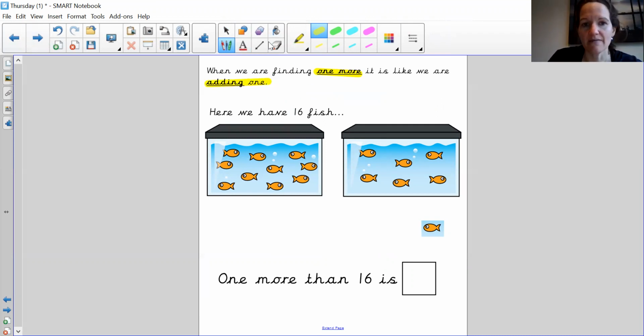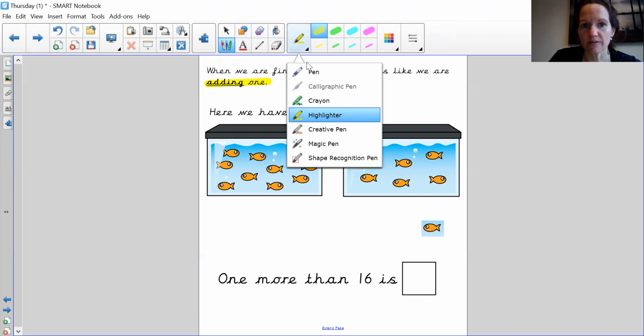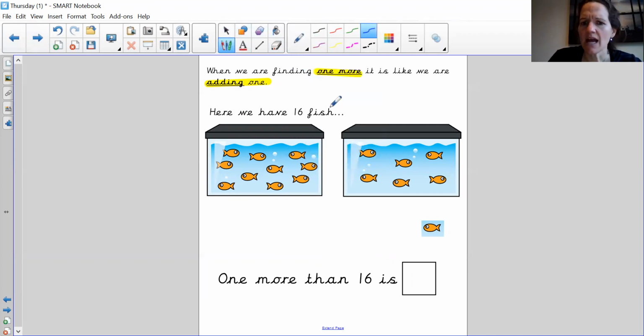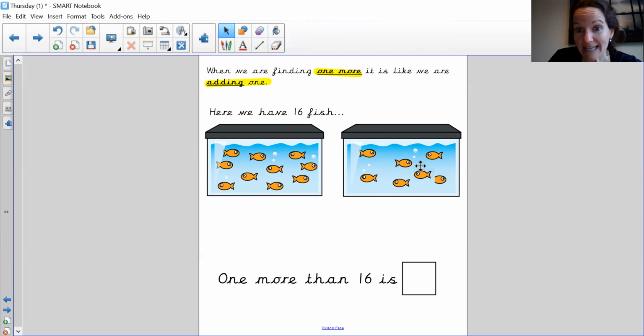So here we have 16 fish. How many is one more? Let me take my little fish here. I'm adding him to the tank. So let's count. 1, let me hear you, 2, 3, 4, 5, 6, 7, 8, 9, 10, 11, 12, 13, 14, 15, 16, and one more is 17.